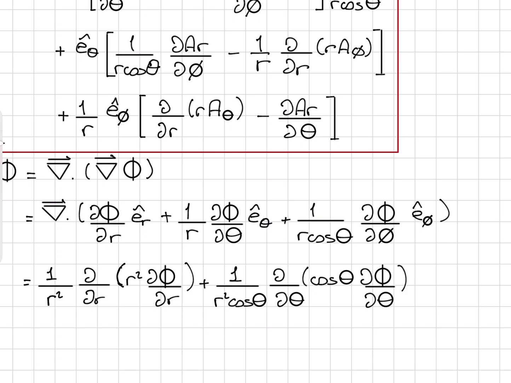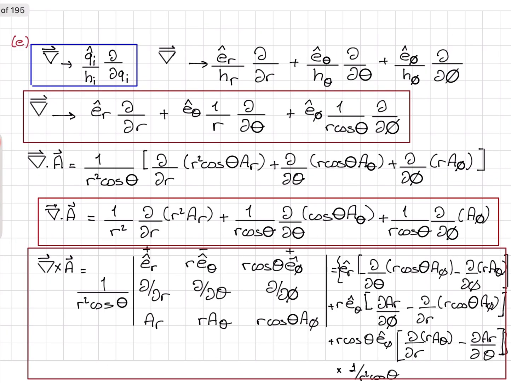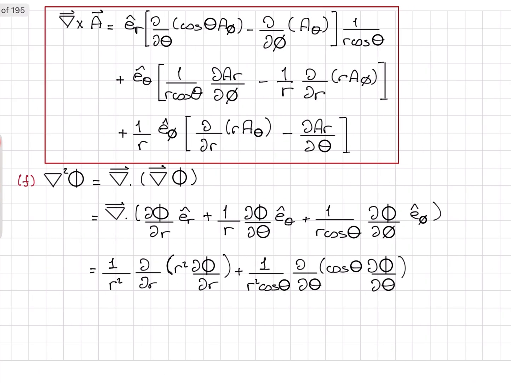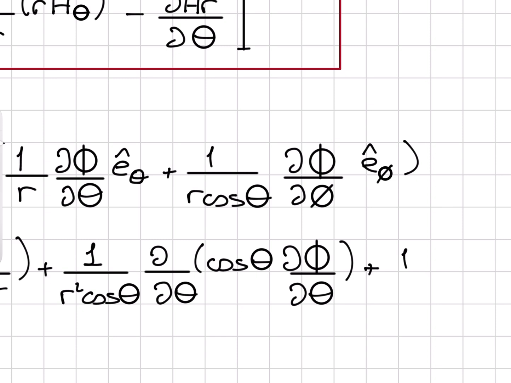All right. And then we have the last term in the divergence, which is 1 over r cosine theta del del phi of A_phi. A_phi is 1 over r cosine theta del phi. So we have the square of that. So plus 1 over r squared cosine squared theta.